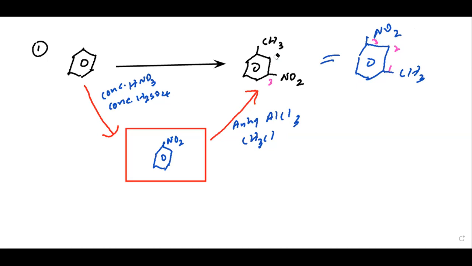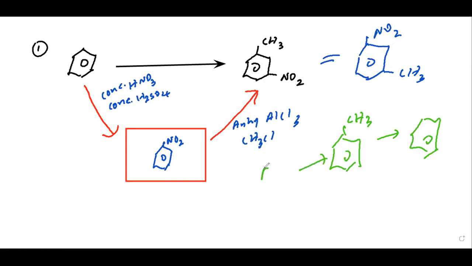But what happens if you do this way, if we add CH3 group first, then the problem will arise. Why? If you add CH3 first, when you are going to add NO2 next, CH3 will come here, NO2 comes here, then you get what?